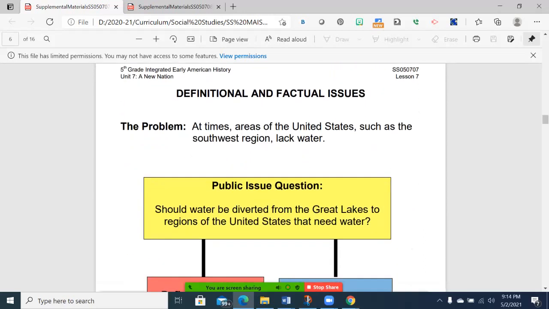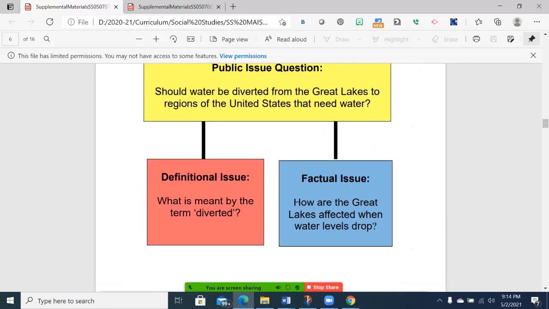Definitional and factual issues. The problem, at times, areas of the United States, such as the Southwest, lack water. And when we talk about the Southwest, we're talking about Arizona, New Mexico, Utah, Nevada, areas that have a lot of desert regions. And the question becomes, should water be diverted from the Great Lakes to regions of the U.S. that need water?